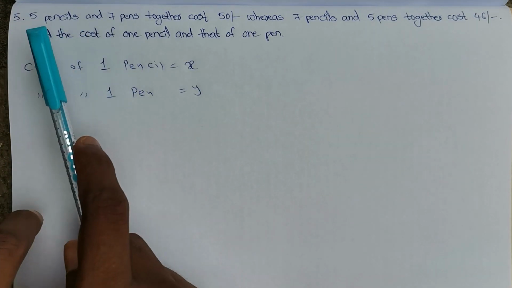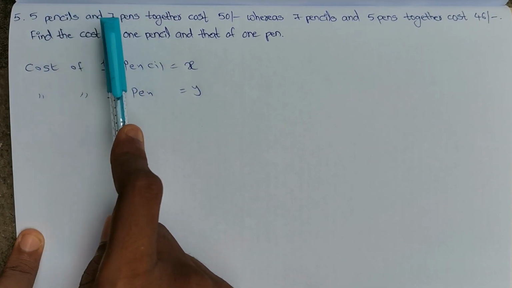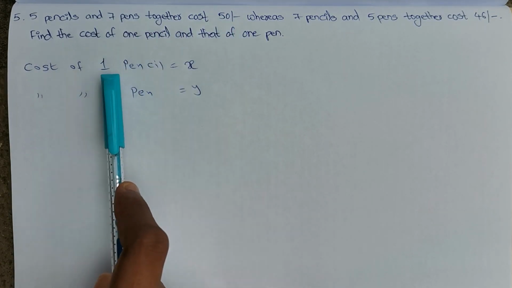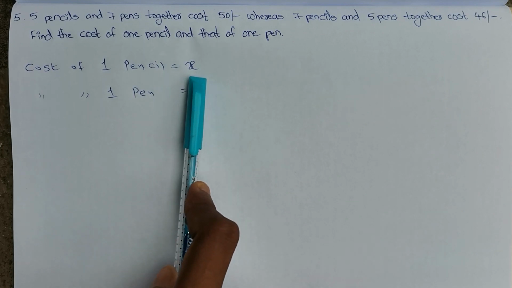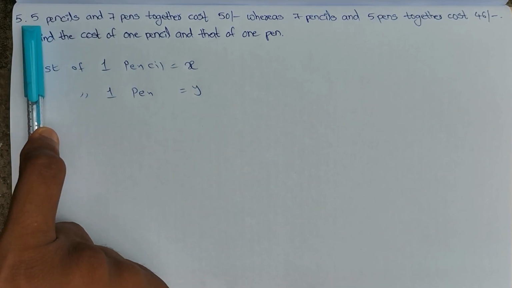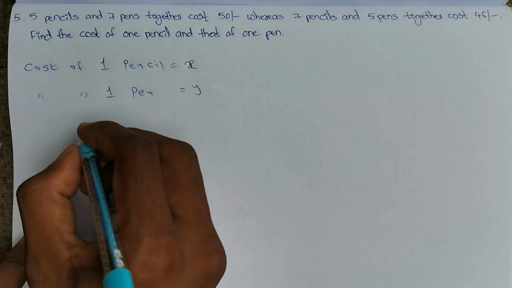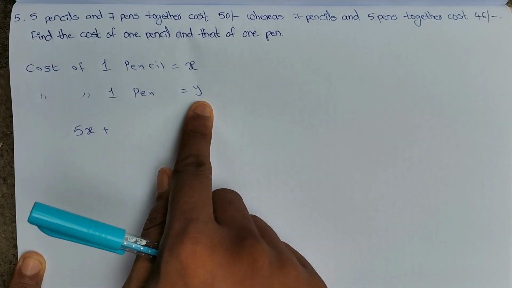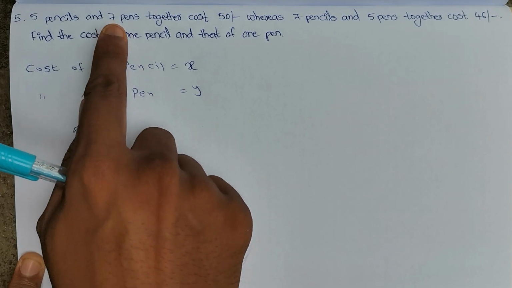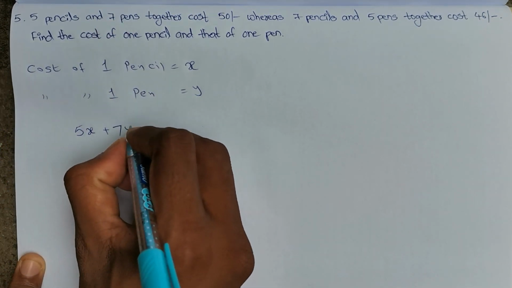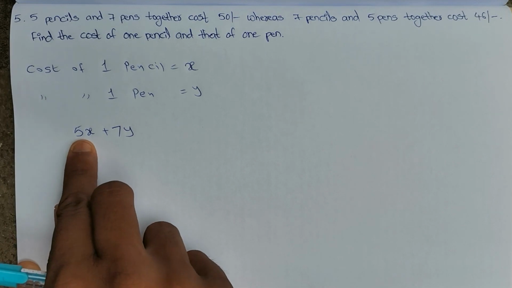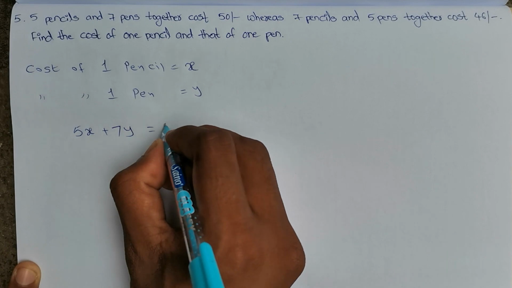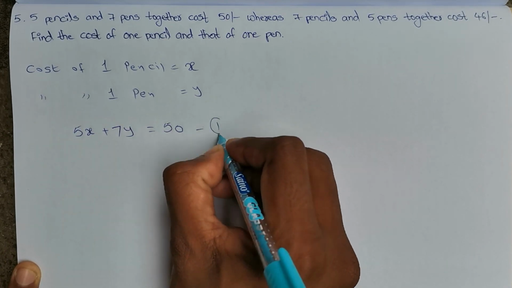So first condition what he gave, 5 pencils and 7 pens cost 50 rupees. 1 pencil cost is X rupees. Then 5 pencils, 5 into X, plus 1 pen cost Y rupees, then 7 pens, 7 into Y, 7Y. 5 pencils plus 7 pens cost is equal to 50 rupees.